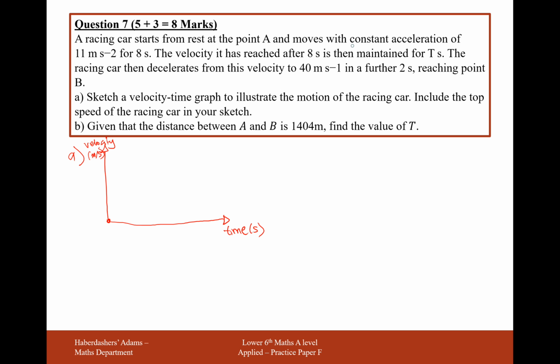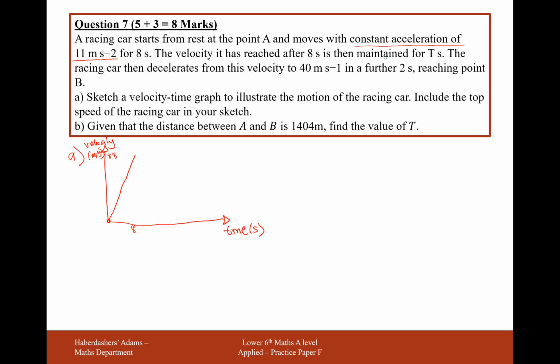So here it has effectively a gradient of 11 meters per second. That's every second that it goes on for, it moves up on the velocity scale by 11. And this happens for 8 seconds. So 8 seconds later, so time of 8, it's going to have a velocity of 88 meters per second.